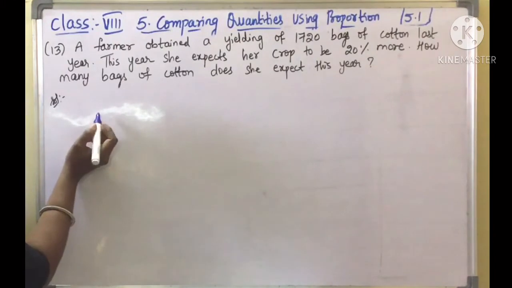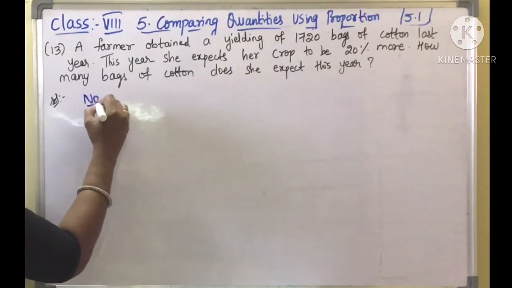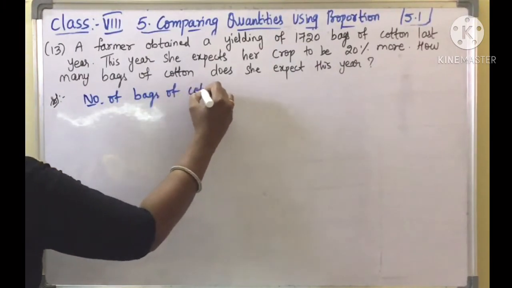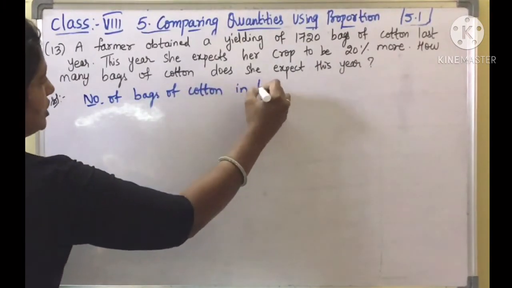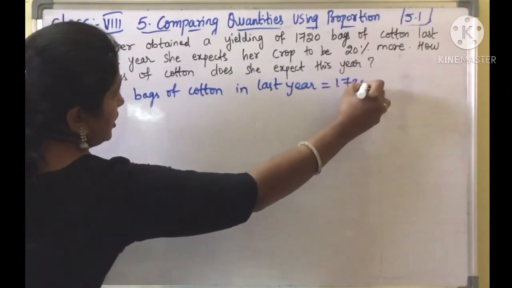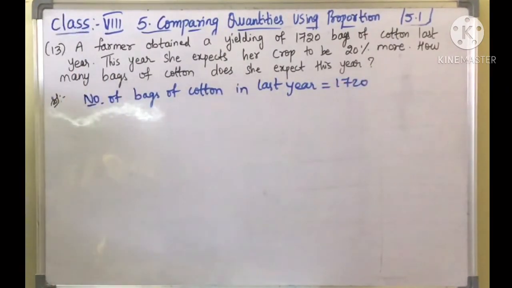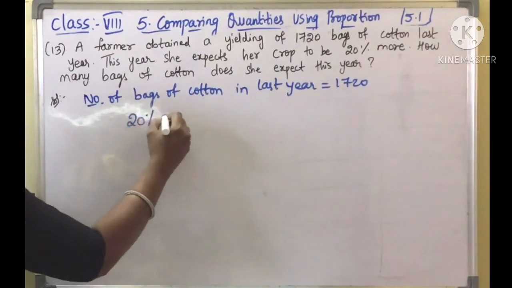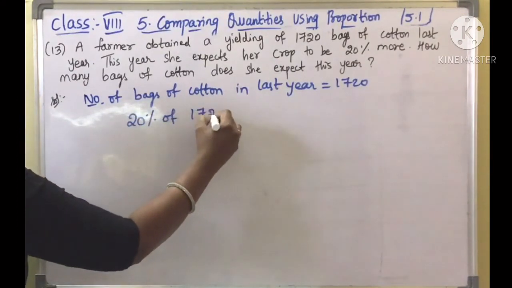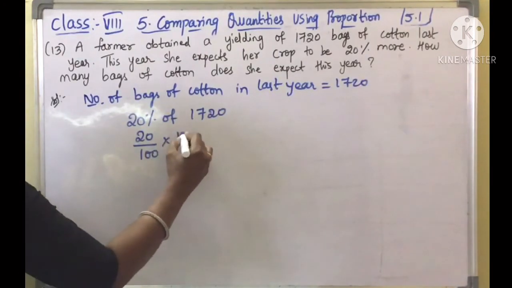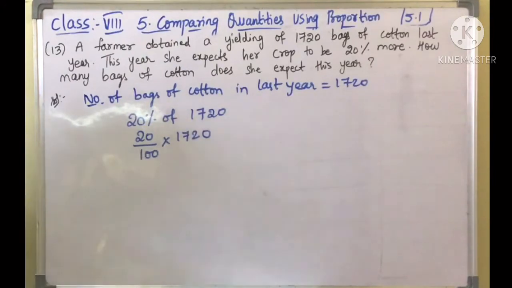The number of bags of cotton in last year is nothing but 1720. Now here she expects how much? 20% more, means we need to find here 20% of 1720, that is 20 by 100 into 1720.